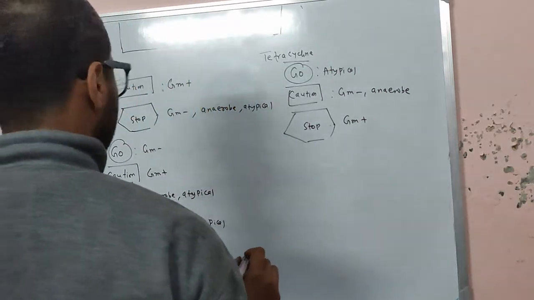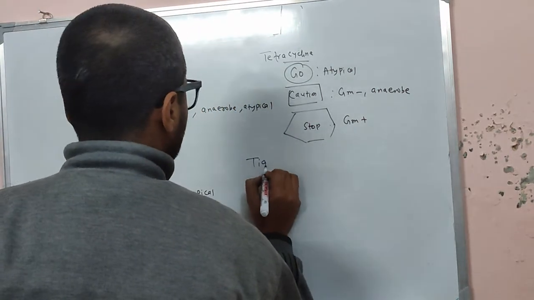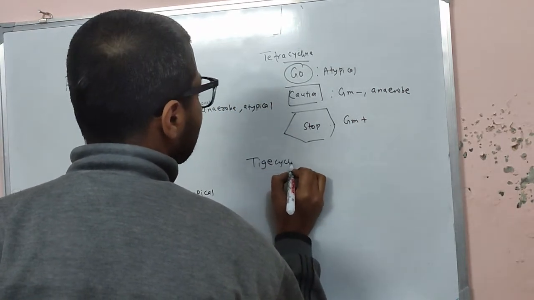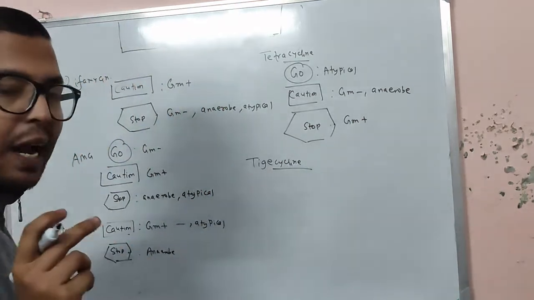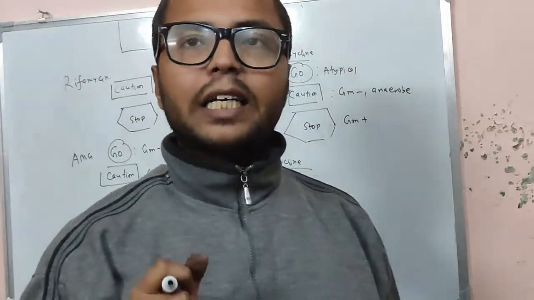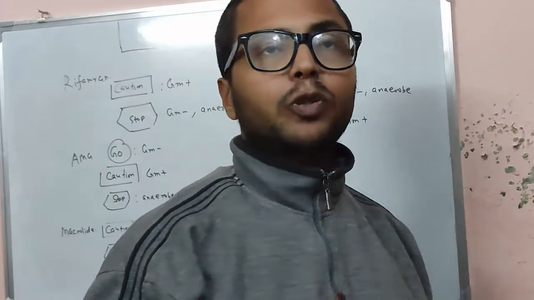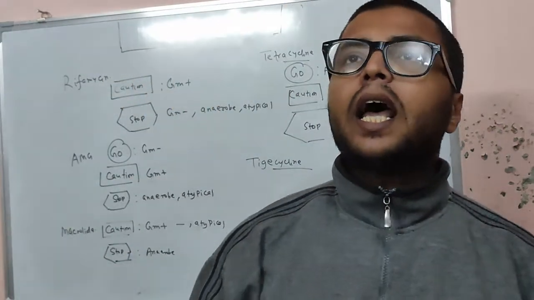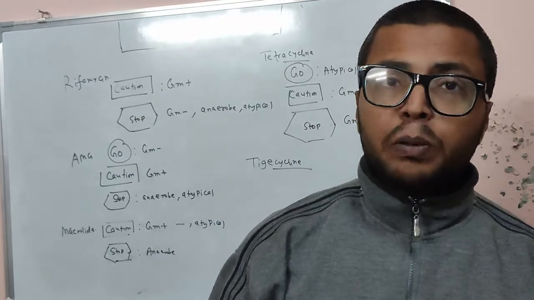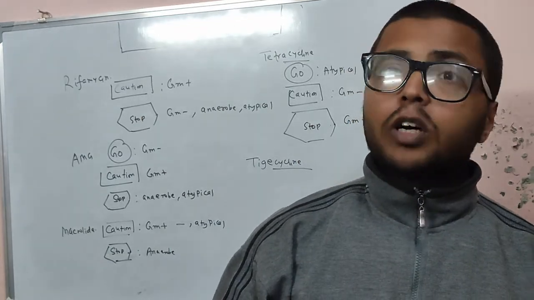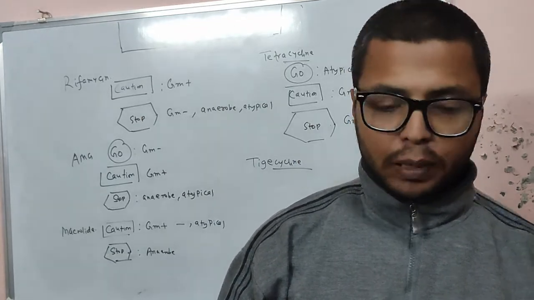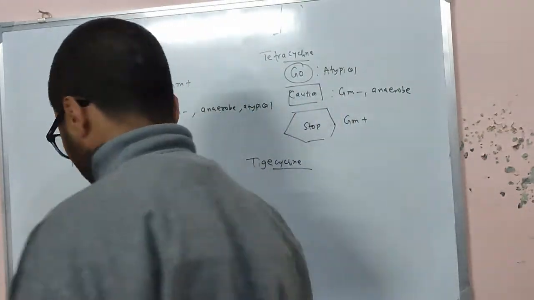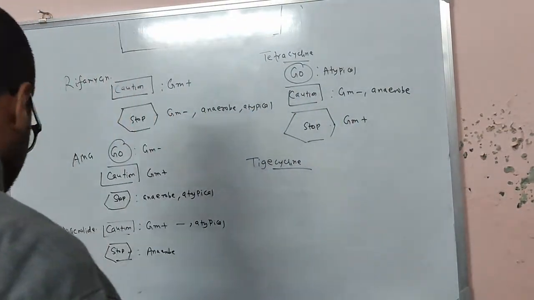Okay. Now let's talk about tigecycline. So tigecycline covers all gram-positive, negative, anaerobes, atypical. But what is the limitation with tigecycline? It is bacteriostatic. It is not bactericidal. And tigecycline also does not cover pseudomonas, but it covers methicillin resistant Staphylococcus aureus. Okay. So that is about tigecycline.